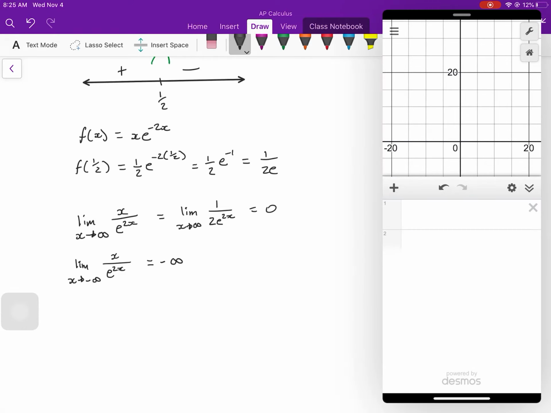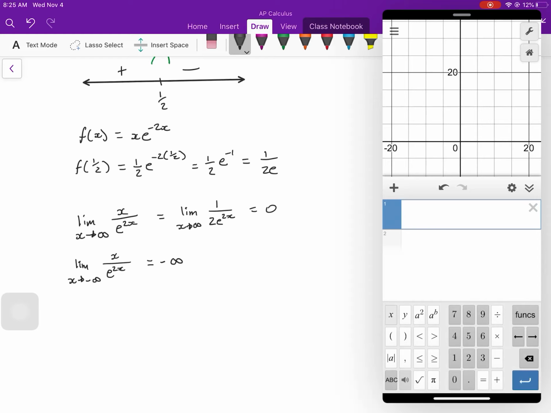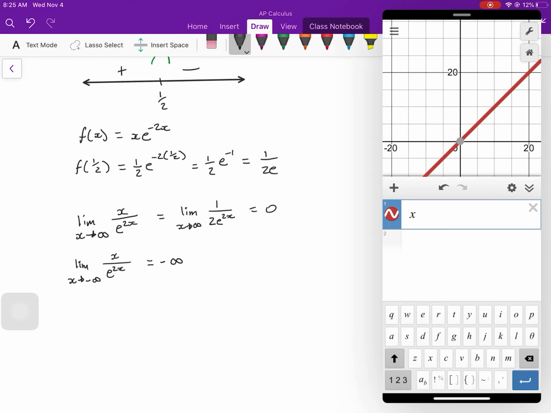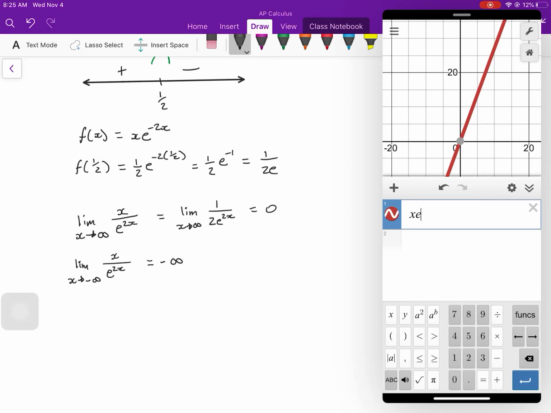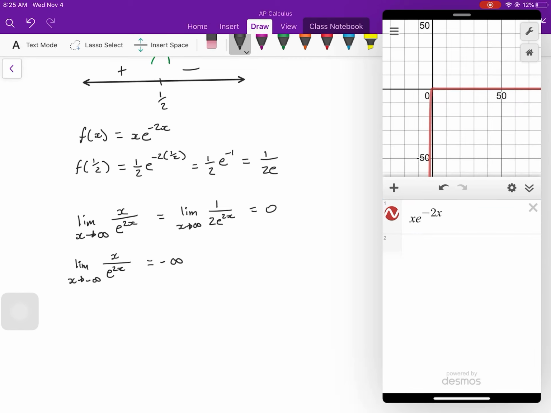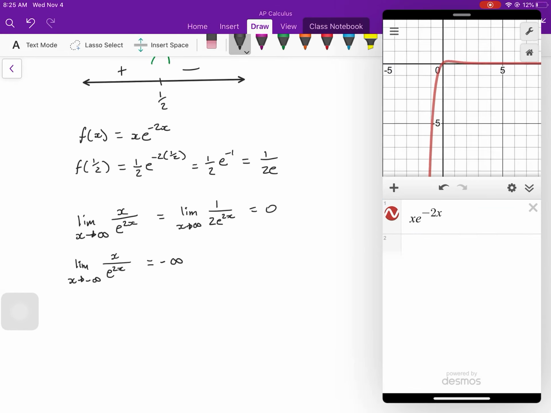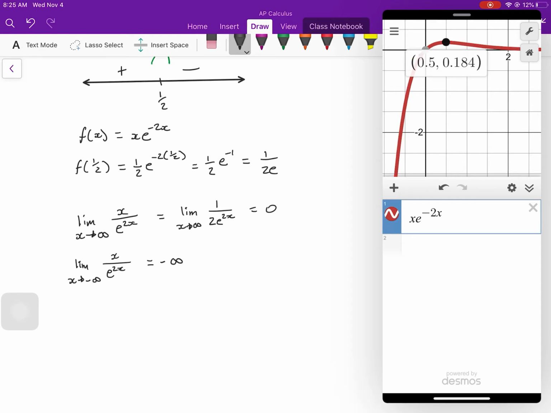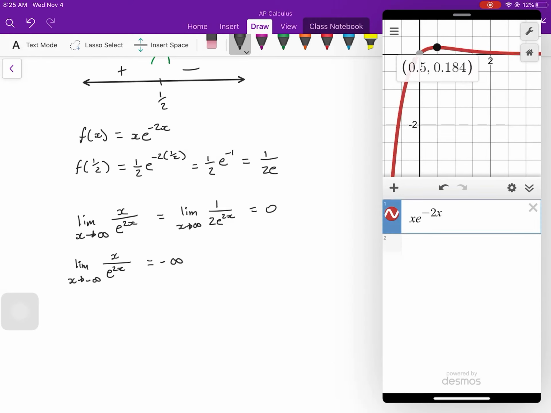Let's just double check that graph real quick. And you can see it does go to negative infinity. And look at this. This has that maximum here, and then it goes off to a horizontal asymptote. So that actually is the answer for our absolute maximum.